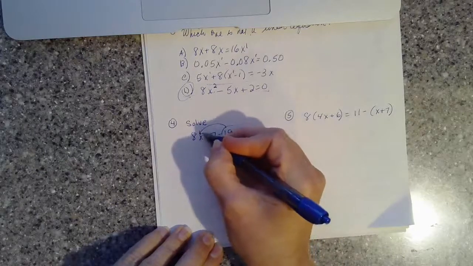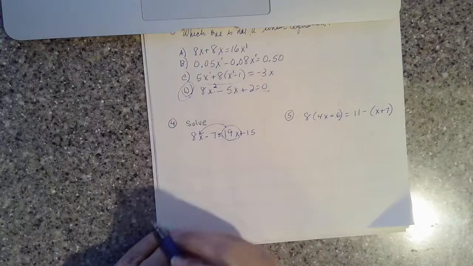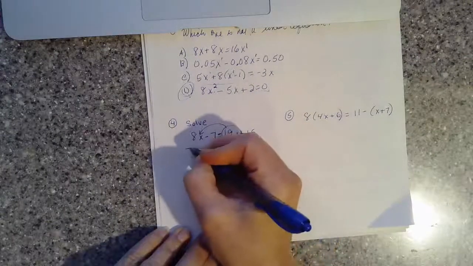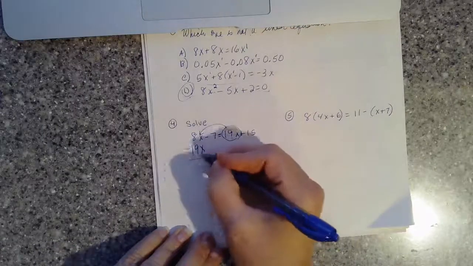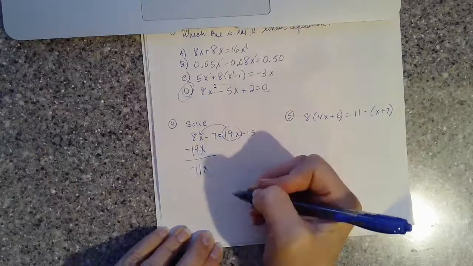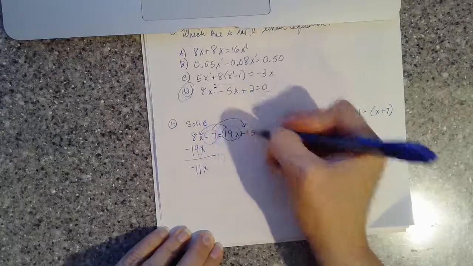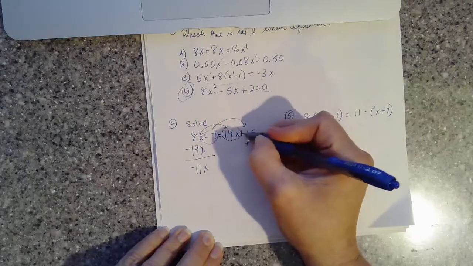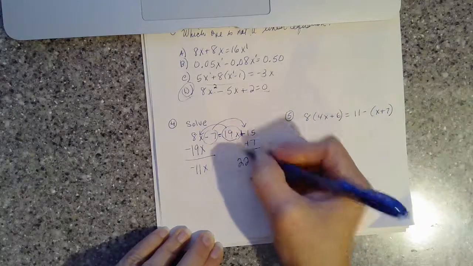When something crosses over the equal sign, it changes its sign. If it's a positive 19x on the right side, it'll be a minus 19x. 8 minus 19 is negative 11x, and then we'll take the negative 7 to the opposite side, making it a positive 7. 15 plus 7 makes 22, with the equal sign down the middle.